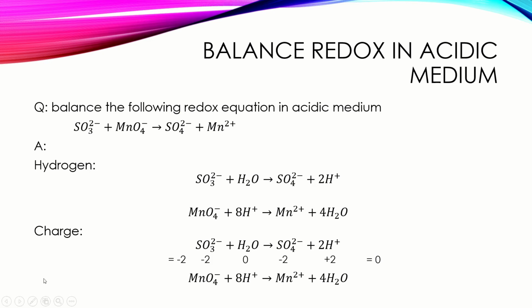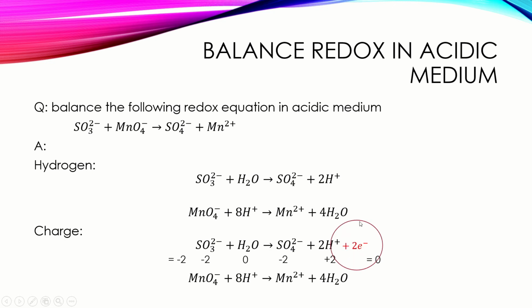In order to balance this equation, on the left side we have negative 2 charge and on the right side we have 0 charge. So to balance the equation, we have to add electrons to the right side. How many electrons should we add?